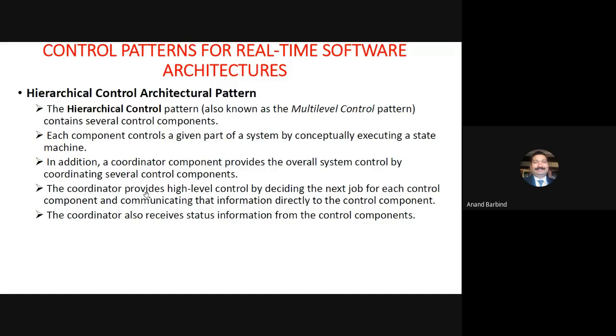The coordinator provides high-level control by deciding the next job for each control component and communicating that information directly to the control component. The coordinator also receives status information from the control component. This is the arrangement made in the hierarchical control architecture.